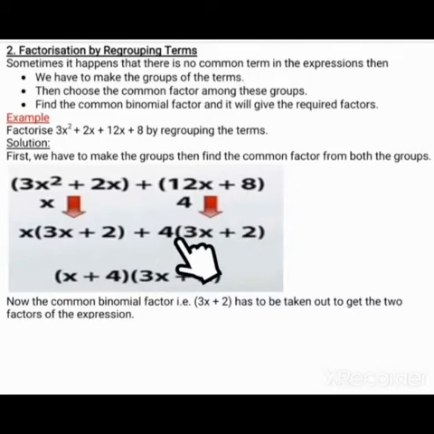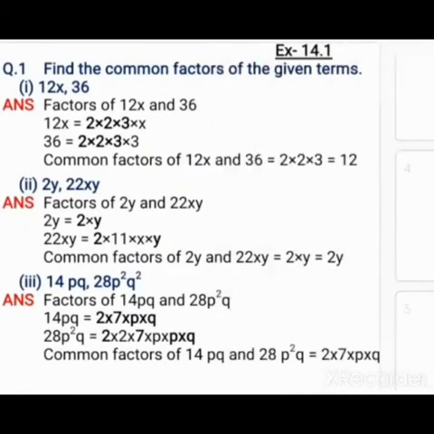So 4 is our common, remaining is 3x plus 2. So here 3x plus 2 and here 3x plus 2, both are common factors. So 3x plus 2 is our common factor and remaining is x plus 4. So the common binomial factor, 3x plus 2, has to be taken out to get the two factors of the expression.